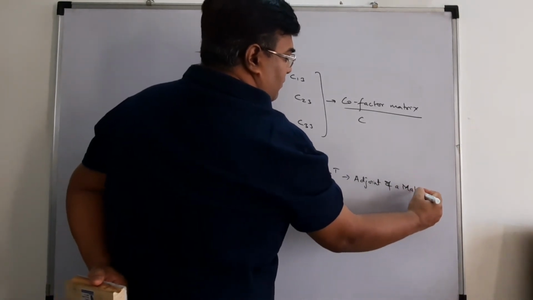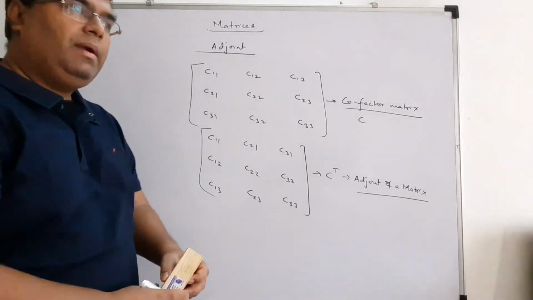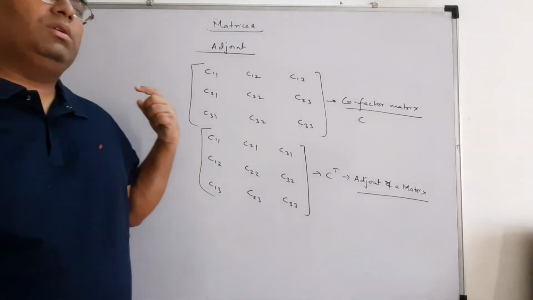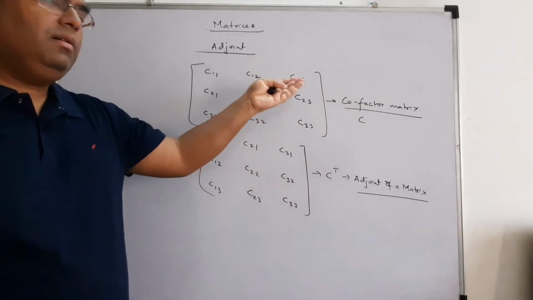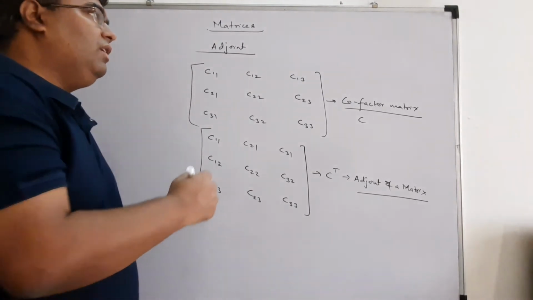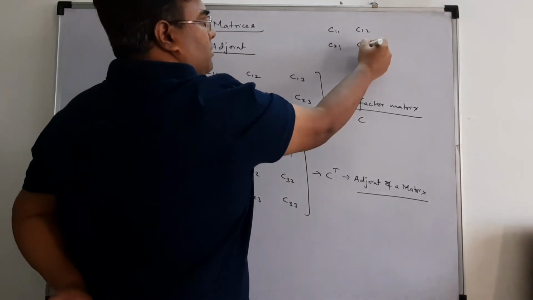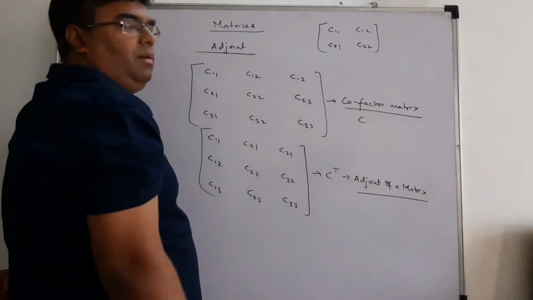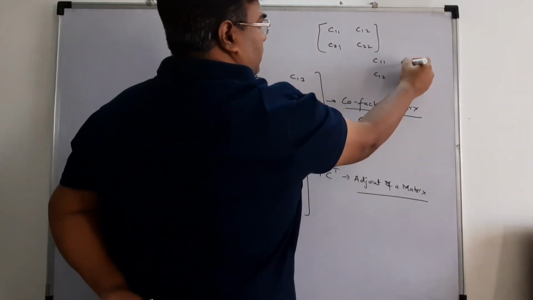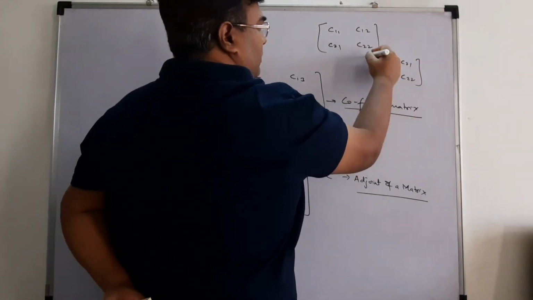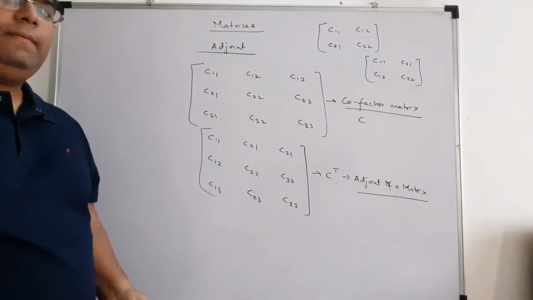So if a question comes to find the adjoint of a matrix, you will first find out all the cofactors, put them in a cofactor matrix like this, and then make a transpose. For 2 by 2, what will happen? C11, C12, C21, C22. This will be my cofactor matrix, and then making a transpose of this gives C11, C21, C12, C22. This will be my adjoint of a 2 by 2 matrix. Clear?